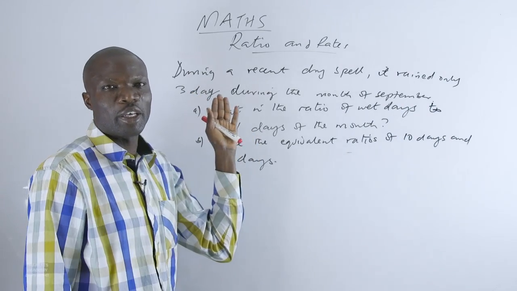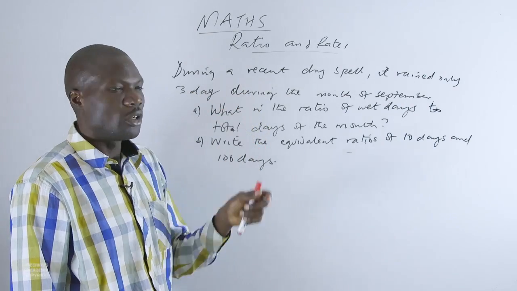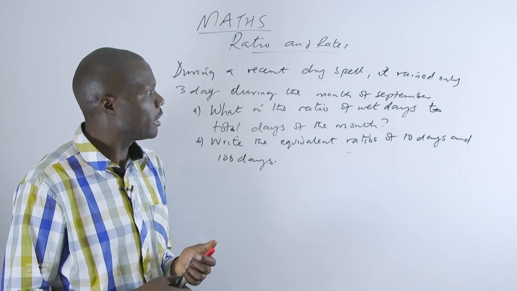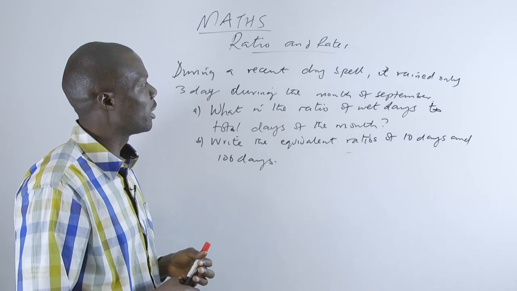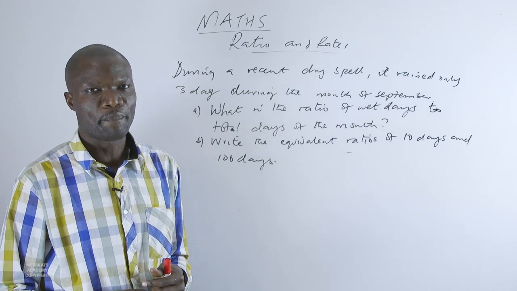So during a recent dry spell, it rained only 3 days during the month of September.